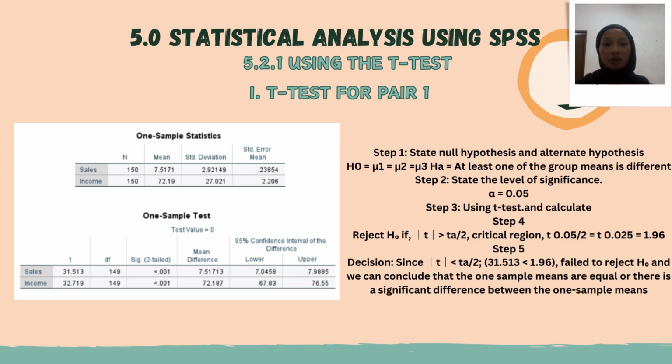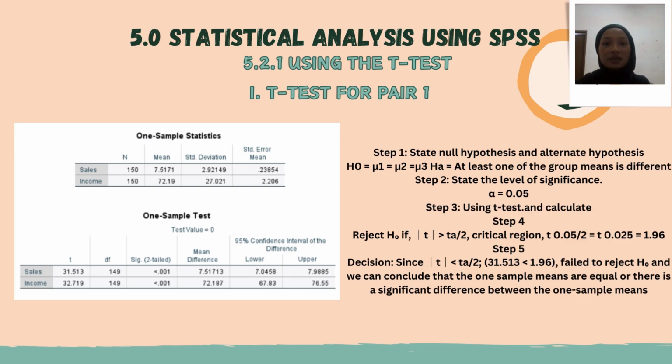The t-test calculates a test statistic t, which measures the difference between the sample means and the hypothesized population means. After calculating the t-value, we compare it with the critical value. In this case, with a significance level of 0.05, the critical value is 1.96.